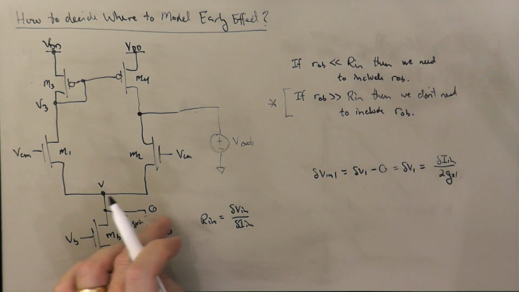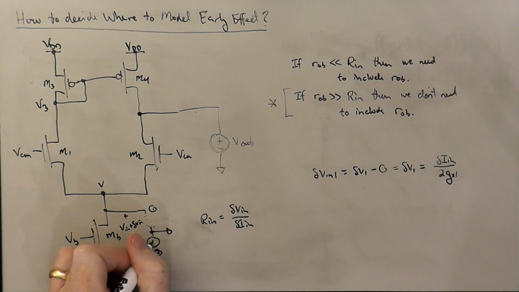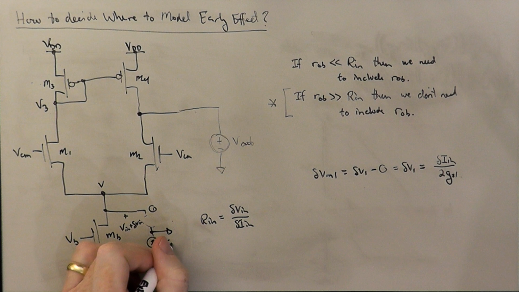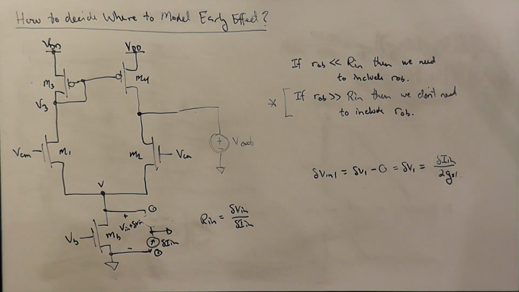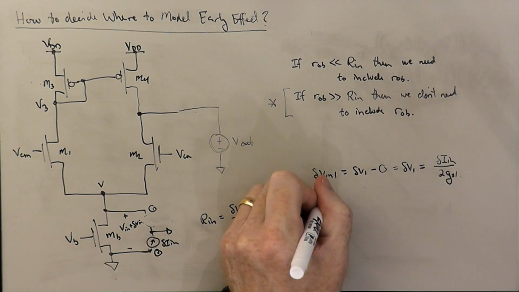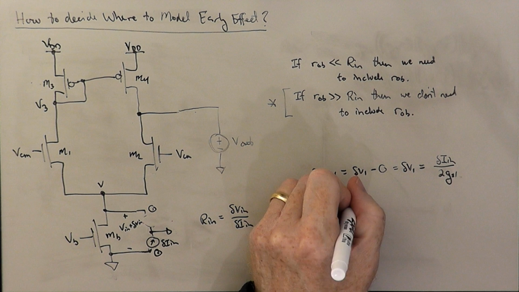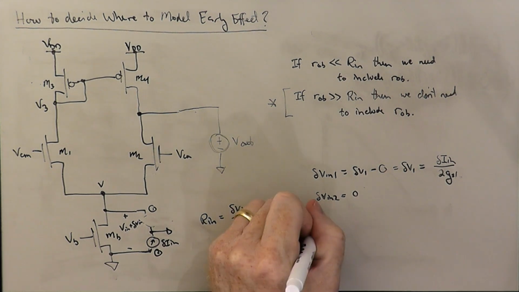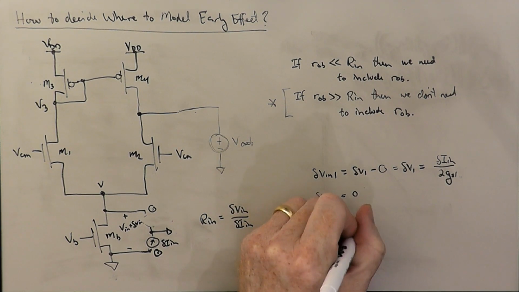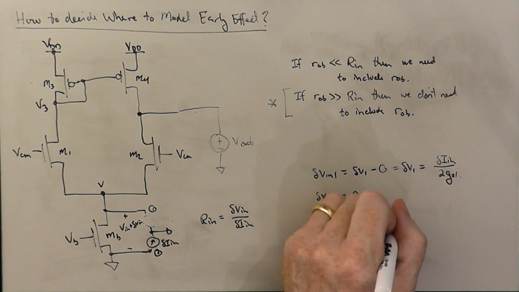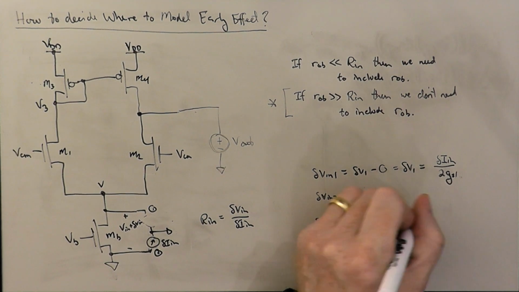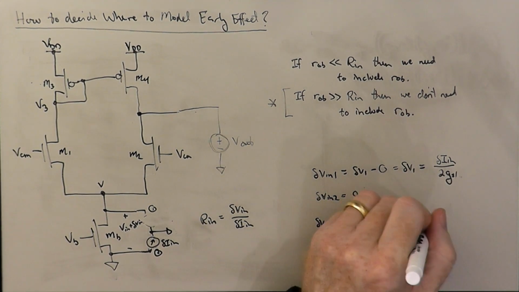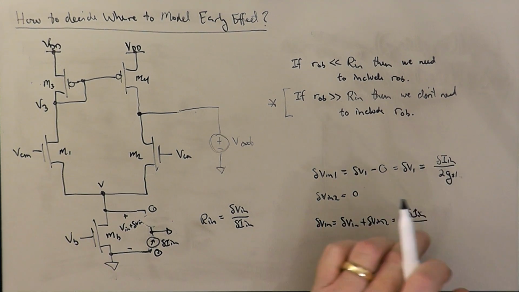We move on to replica source 2. So we're sucking a delta Iin in this case from the ground terminal. We're not going to move the ground terminal. We're not changing anything else in the circuit by doing that. And so delta Vin2 is equal to 0. And so delta Vin is delta Vin1 plus delta Vin2, which is equal to delta Iin divided by 2 GS1.